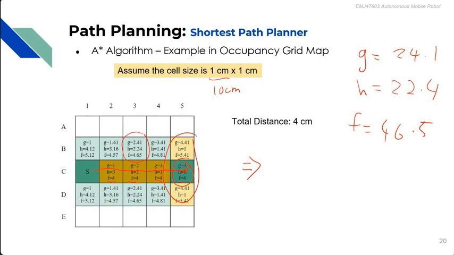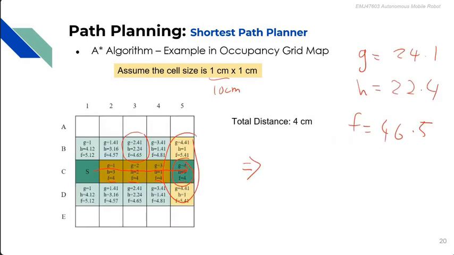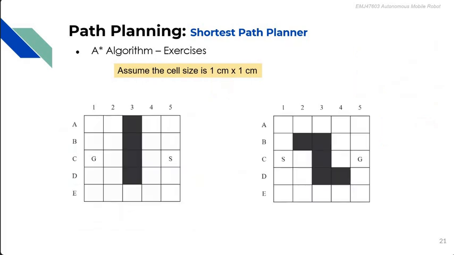Okay. I just give you this in case it is different, so you need to be aware of that. Now, let's look at this. You see here there is an obstacle. Let's say I want to calculate here. What would be the value of G and H?